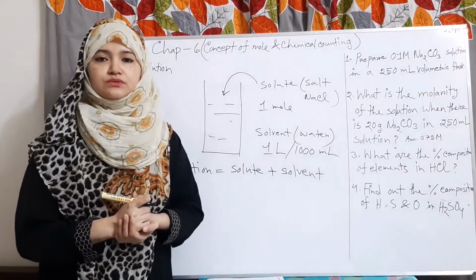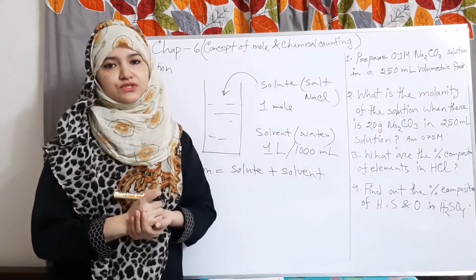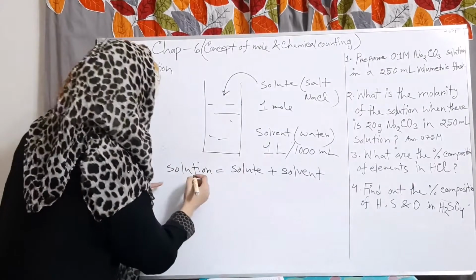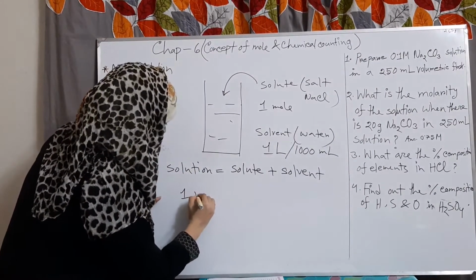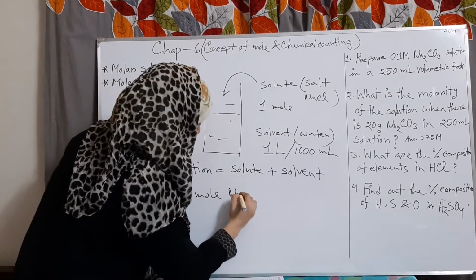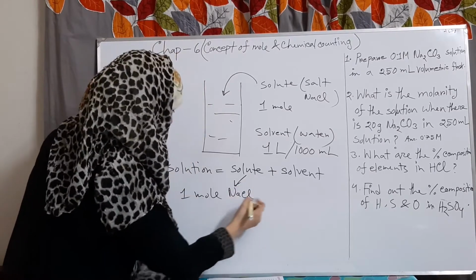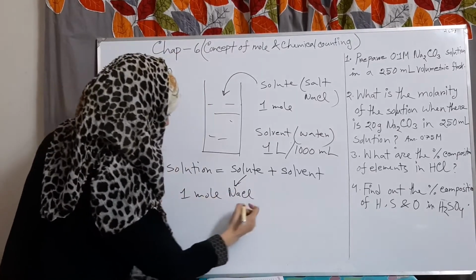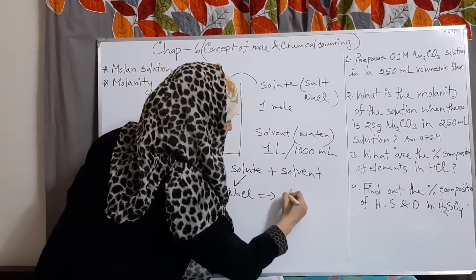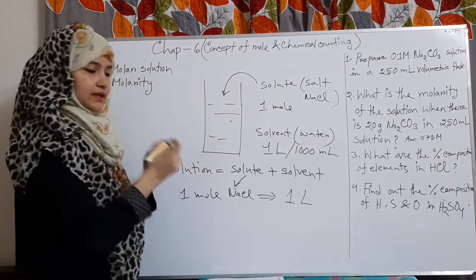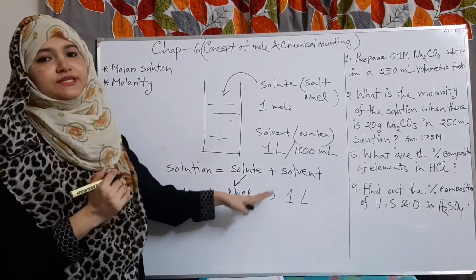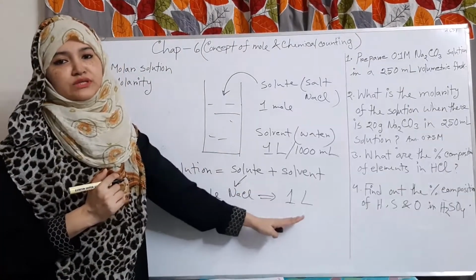So if I take 1 mole of sodium chloride as solute, and the total volume of the solution is 1 liter, then this solution is called a 1 molar solution.